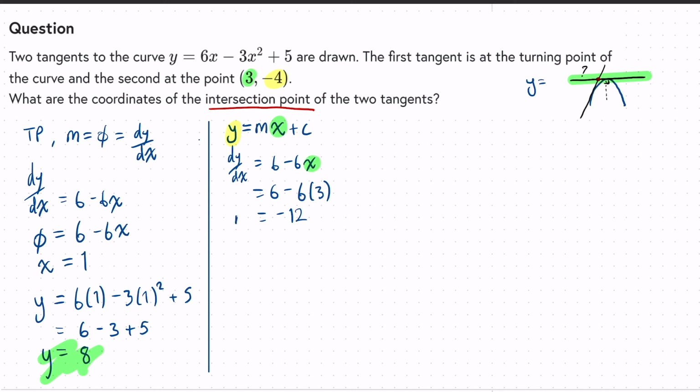So if m, or dy over dx, equals -12, then I can substitute all of that into my equation. So y, which is -4, is equal to m, which is -12, times x, which is 3, plus c. I've got c all by itself now, so I can figure out what it is.